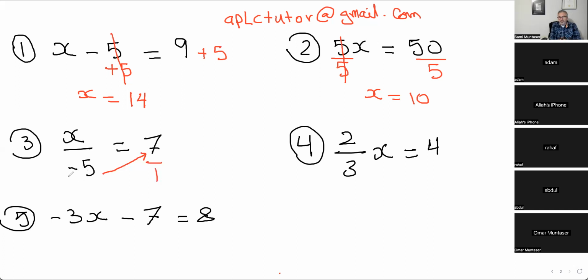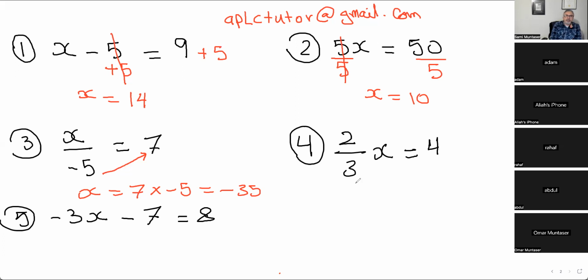So anything that crosses onto the other side of the equal sign, if it's on the bottom, it goes to the top, and it gets multiplied. So it crosses to the top and gets multiplied with the 7. So it becomes 7 times negative 5, which gives you negative 35. Now, if you put negative 35 here, negative 35 divided by negative 5: a negative divided by a negative is positive, 35 divided by 5 is 7, and it's done.